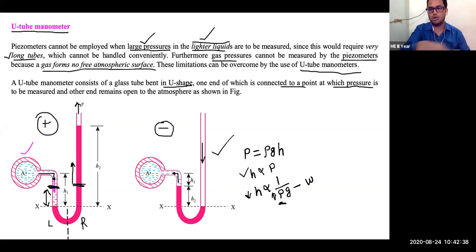Note down fast, then we will go to the mathematical part of this U-tube manometer. Write down fast. I'll give you 2 minutes.